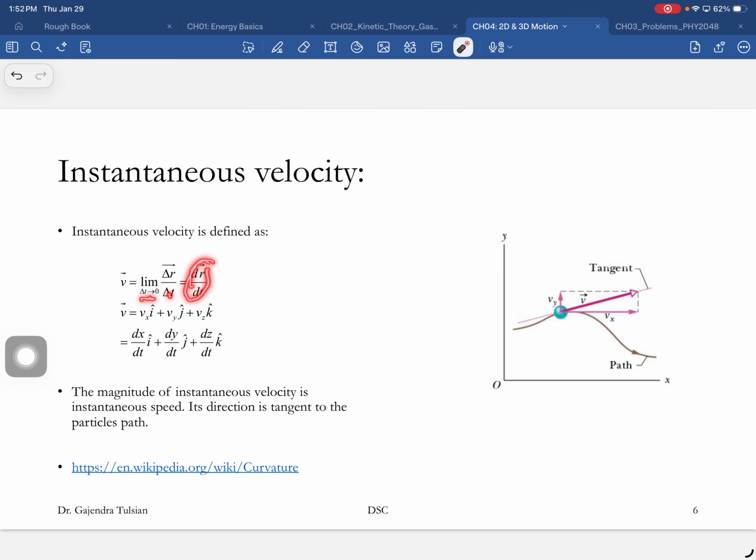And as you saw, the x component of the velocity is dx by dt, the y component is dy by dt, and the instantaneous velocity's direction is tangent to the trajectory.